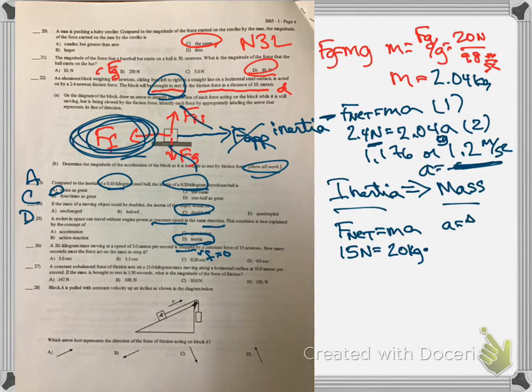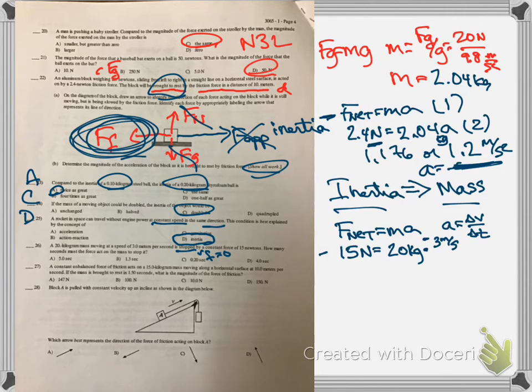Again, a is delta v over delta t. You can't forget stuff that you learned earlier. Delta v is going to be 3 meters per second down to 0 meters per second. So the delta v is going to be 3 meters per second. Technically it's negative, but they just said the magnitude of the force.